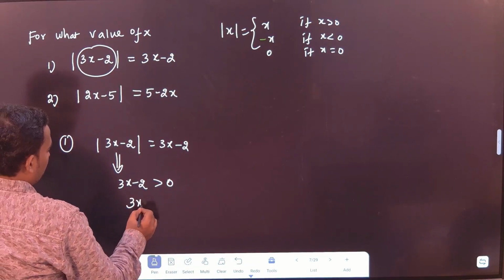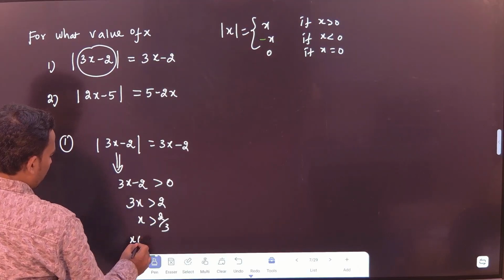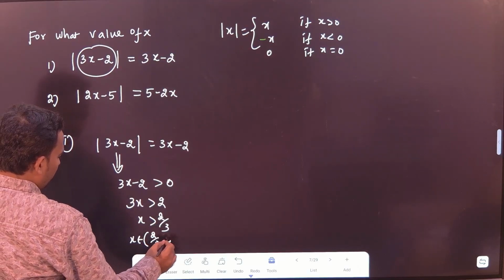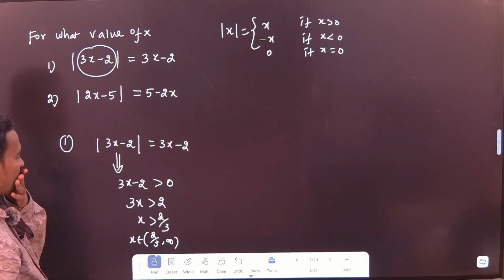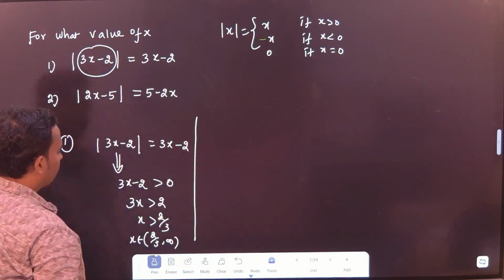Clear? Just like when x is greater than 0, then only mod x equals x. The same way, mod 3x minus 2 equals 3x minus 2 when 3x minus 2 is greater than 0, right? Therefore, x should be greater than 2 by 3. Therefore, x belongs to 2 by 3 to infinity. Clear? Okay, fine. Let me take another one.